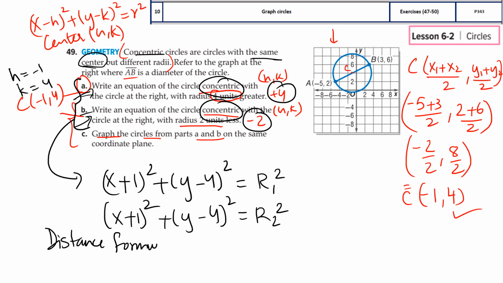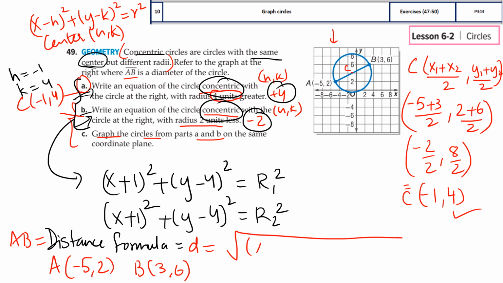Distance formula, what does it say? It says if you want to calculate the distance between the 2 points, let me change color. The first point A is minus 5 comma 2, the second point B is 3 comma 6. I'm trying to calculate the distance between them, so the value of AB. So this is the diameter, which is given by square root of (x2 minus x1) whole square plus (y2 minus y1) whole square.